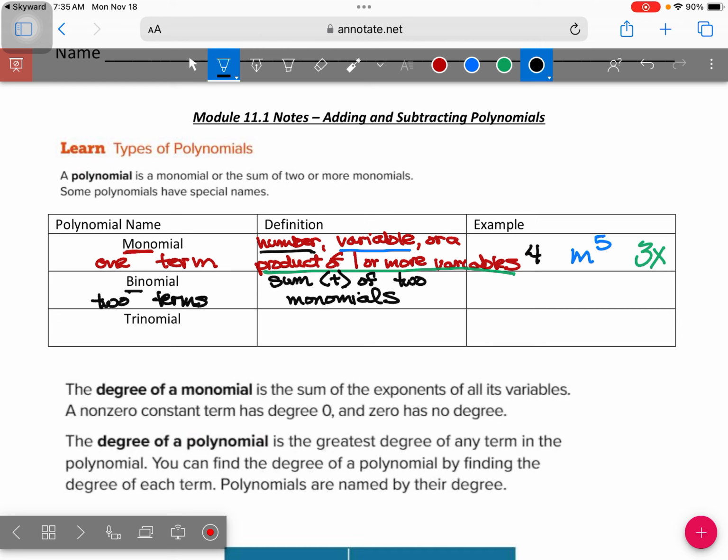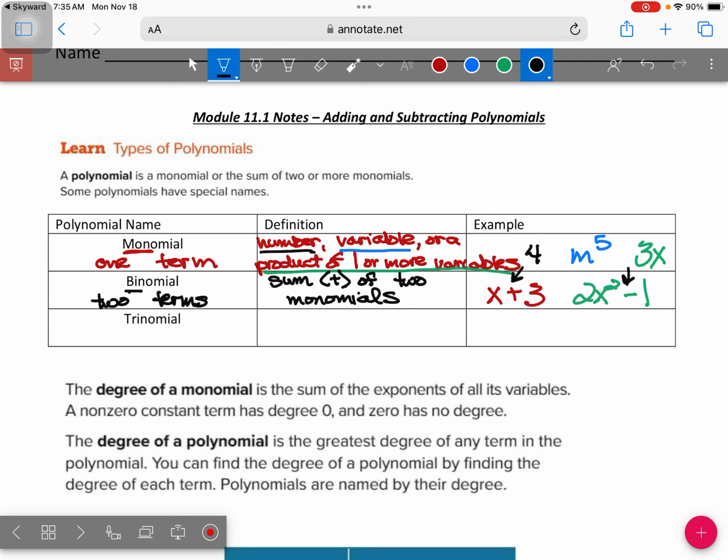For example, I could have x plus 3, or I could have 2x squared minus 1. So as you're looking at this from the first one, those are all monomials. 4m to the 5th, 3x. As you look at the 2 terms, they are separated by either an addition sign or a subtraction sign. So all polynomials will be separated by addition or subtraction.